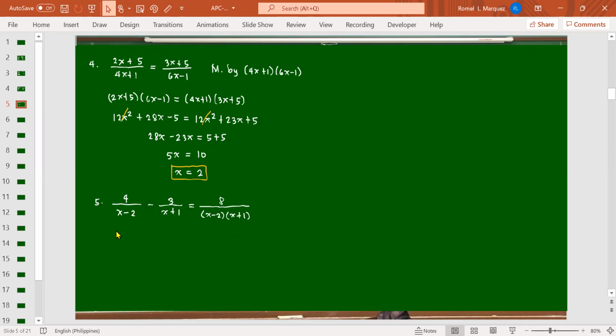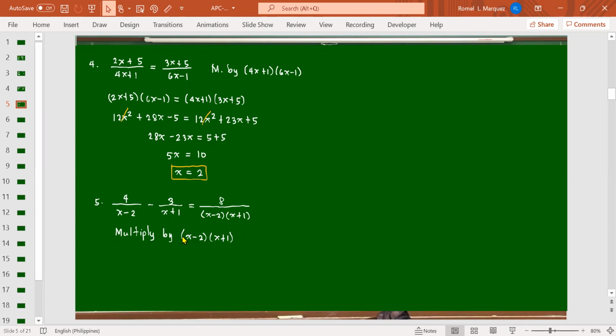So let's multiply each side by what? By the LCD, by the LCD of the fractions involved. So what is the LCD? X minus 2, x plus 1.